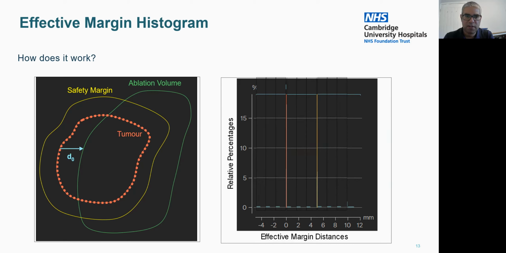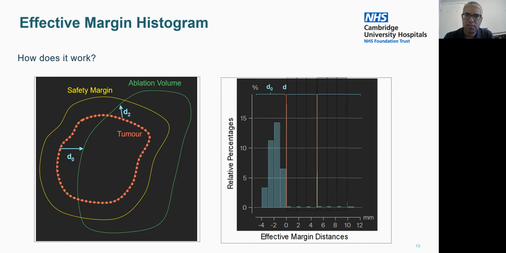So if you look at a distance like this, which is D0, clearly what we can see is that what has been ablated has not covered the tumor. So if you look at the histogram on the right of the screen, what you'll see is a percentage visualization of how much of the case that has happened in, which shows you that anything to the left of the 0 margin, negative margin, essentially means the tumor has not been covered.